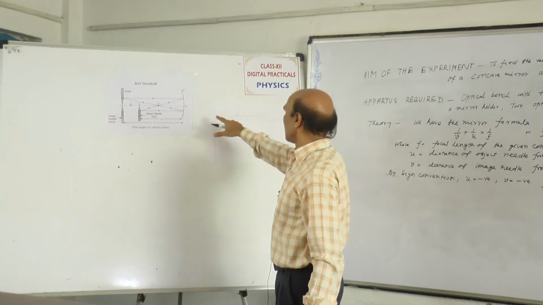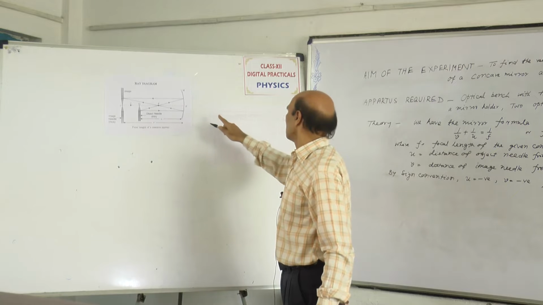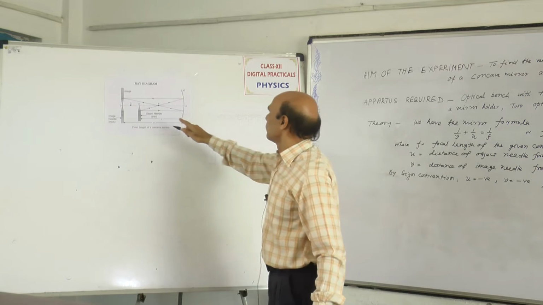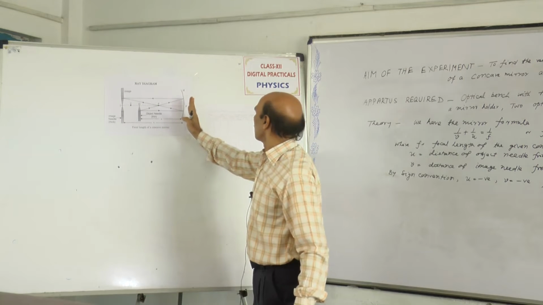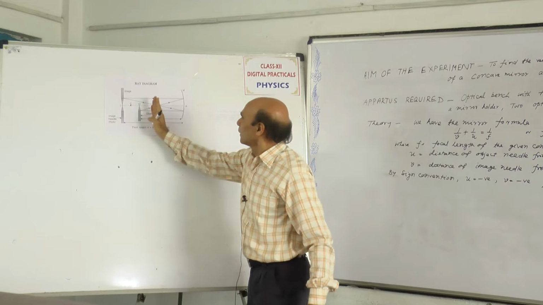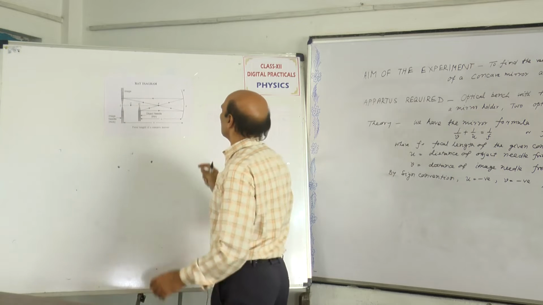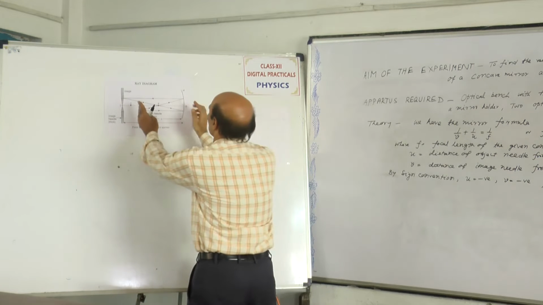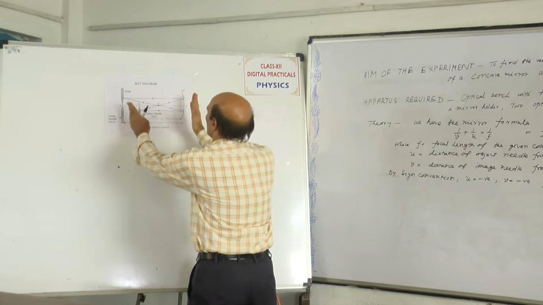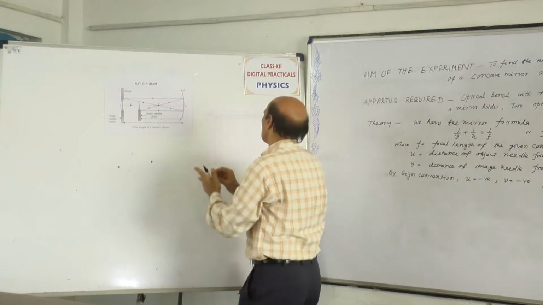The tabulation is like this: first, serial number of observation, position of concave mirror. This is the position of concave mirror, this is the position of object needle, and this is the position of image needle. Now, the object needle from the pole of the mirror is object distance, and the image needle from the pole of the mirror is image distance.